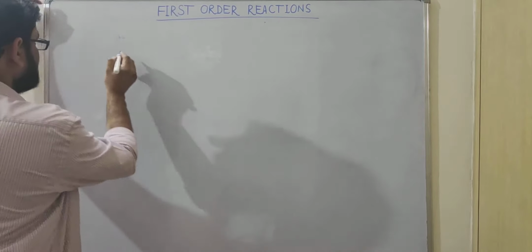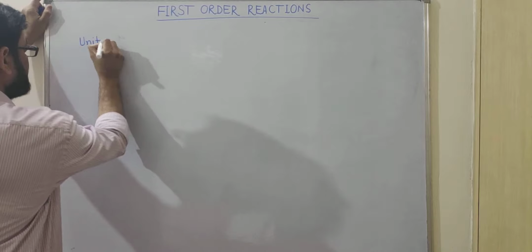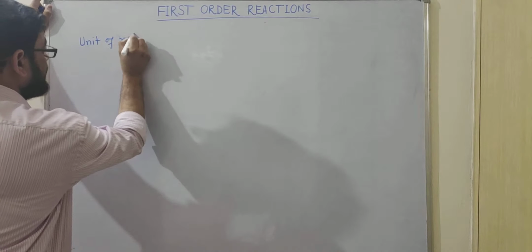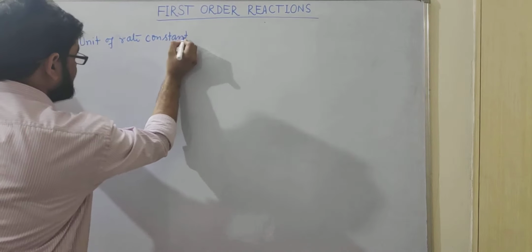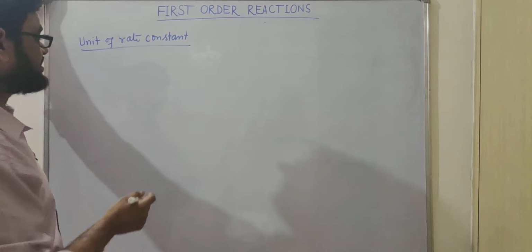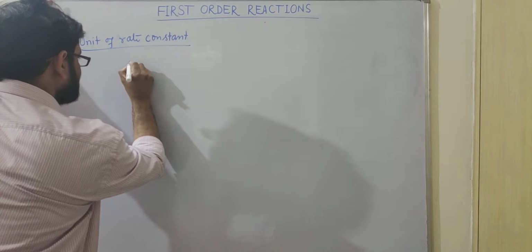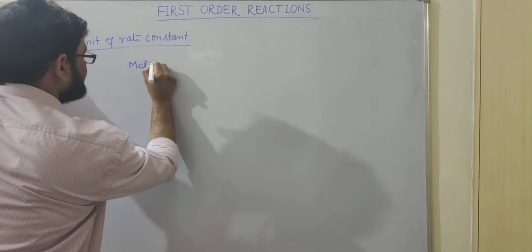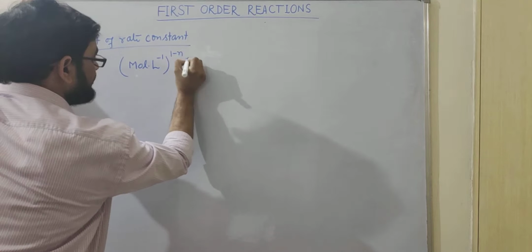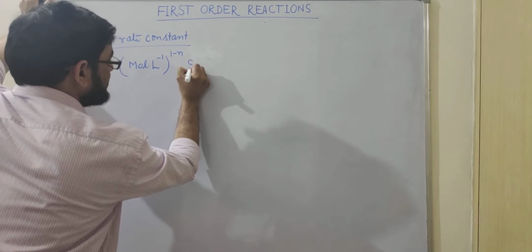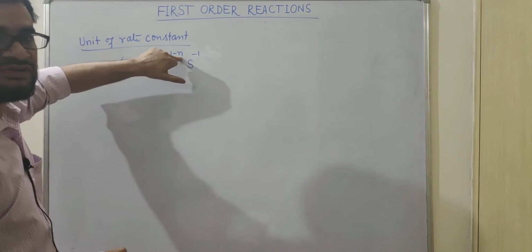Now, unit of rate constant for the first order reaction. In the previous lecture, we have seen that unit of any order reaction can be written like as mole liter inverse power 1 minus n second power minus 1, where n is the order of reaction.